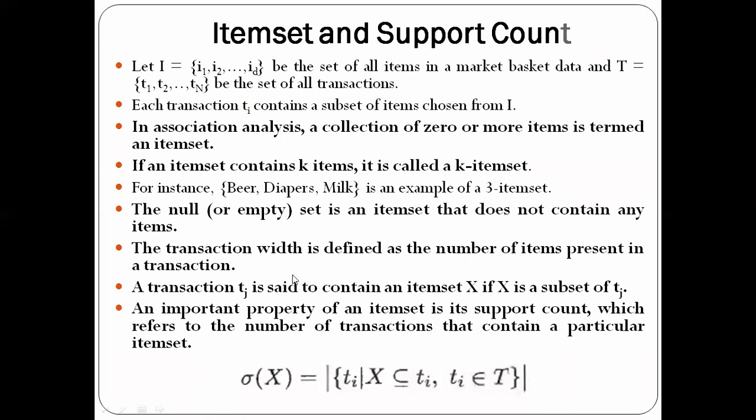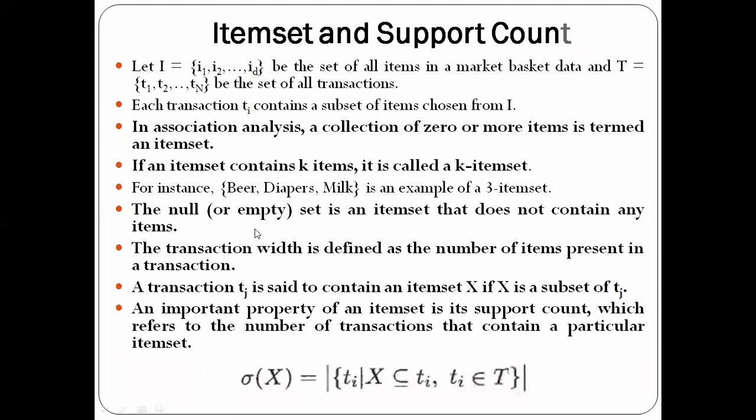In general, if the transaction Tj contains the item set, denoted as X, then X is a subset of Tj. Any items present in the transaction will be subsets of the transaction. Just remember that. Now coming to one of the important properties of item sets, that is called the support count.